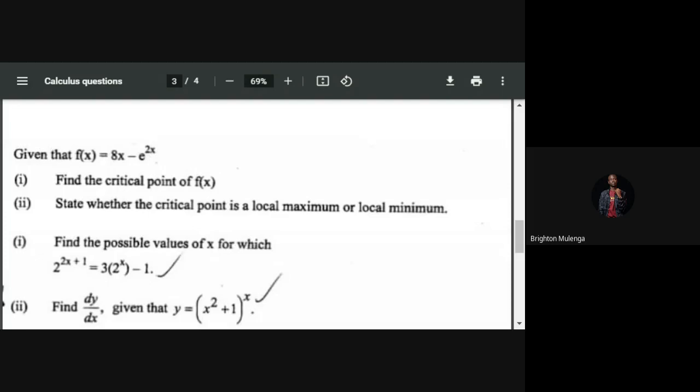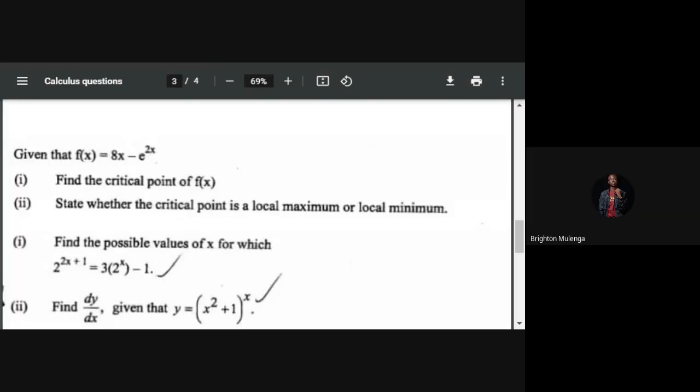Yeah, I've got ideas for the third one. I'm not sure how to go about it, but I've just got some ideas for finding the possible values of x. I was thinking since we can use laws of indices, if we've got the same base, when same bases are multiplying, we just add the powers.